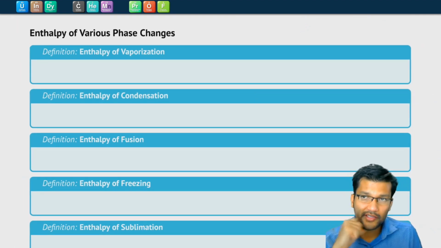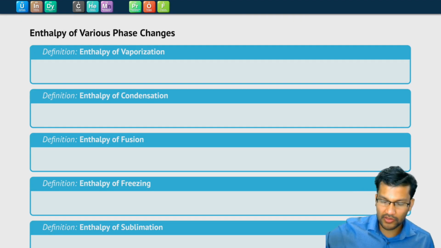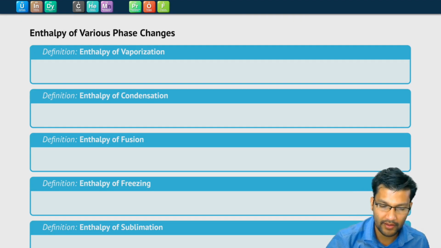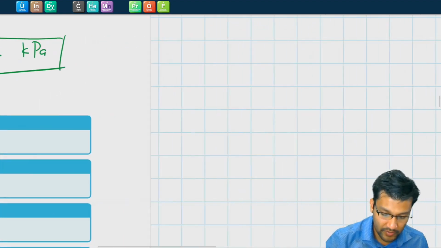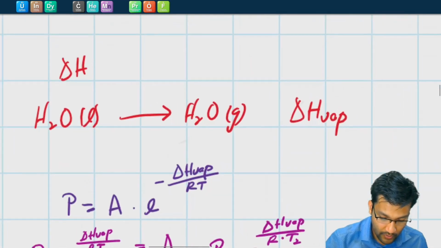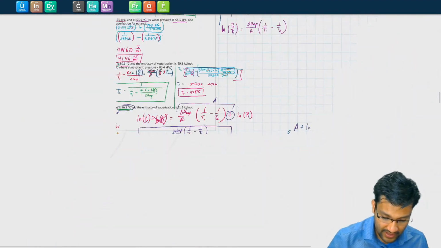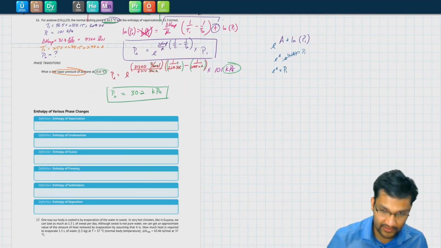Okay, so we talked about this idea of vapor pressure. It happens because some molecules always have enough energy to escape into the gas phase. We talked about how there's an enthalpy of vaporization, which is really the enthalpy of the reaction as it goes from liquid to a gas. In fact, there are many different phase changes with associated enthalpies.